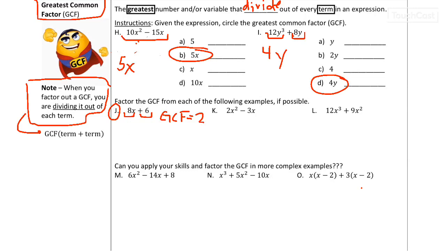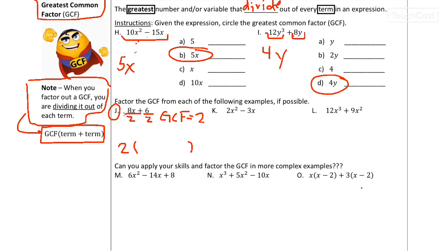So now that we know our GCF, we want to put it in this format. Okay? Our GCF will be in front, and then we're going to put some stuff in parentheses, because we basically want to turn our problem into a multiplication problem. So how do I figure out what to put in the parentheses? It's pretty easy if you can divide. All we're simply going to do is take our GCF and divide it from our original polynomial.